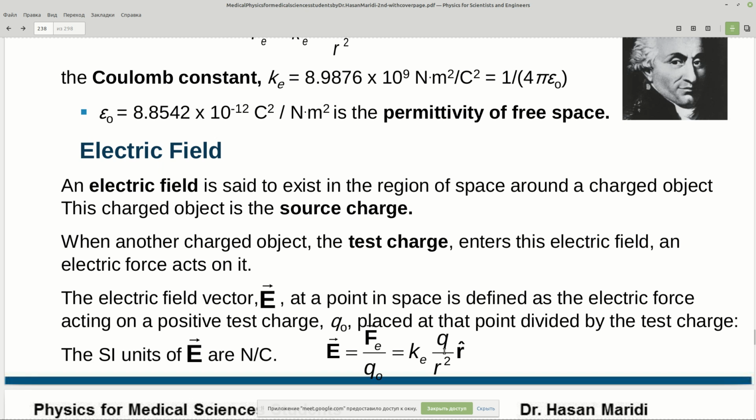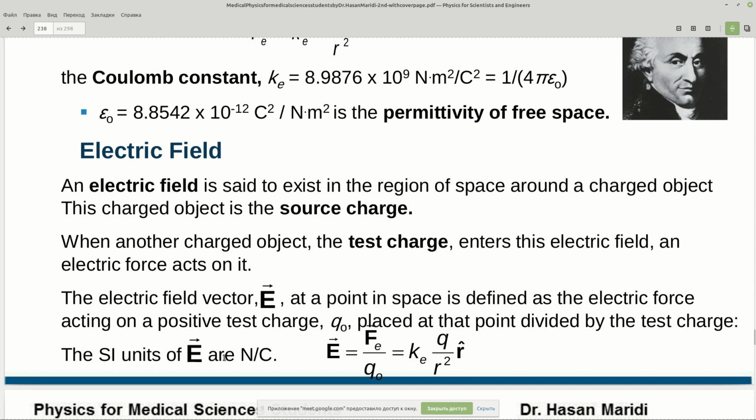Again, electric field lines show the spatial pattern of the electric field and how it is distributed in the space around the charge. The greater the magnitude of the field in a region, the denser the lines.